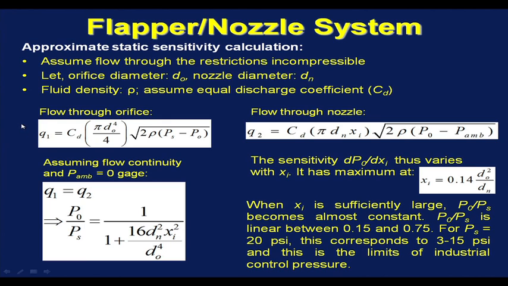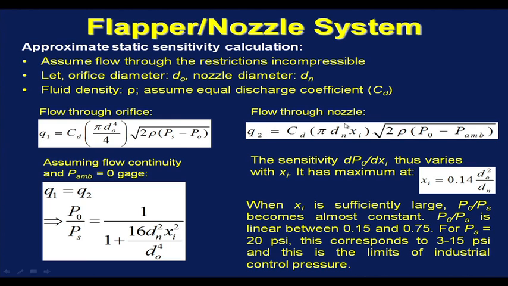So, now the flow through the orifice can be represented by this equation. Flow through orifice Q1 is equal to discharge coefficient multiplied by pi DO to the power 2 divided by 4 into square root of 2 into (Ps minus Po) divided by rho, where Ps is the supply pressure and Po is the signal pressure.